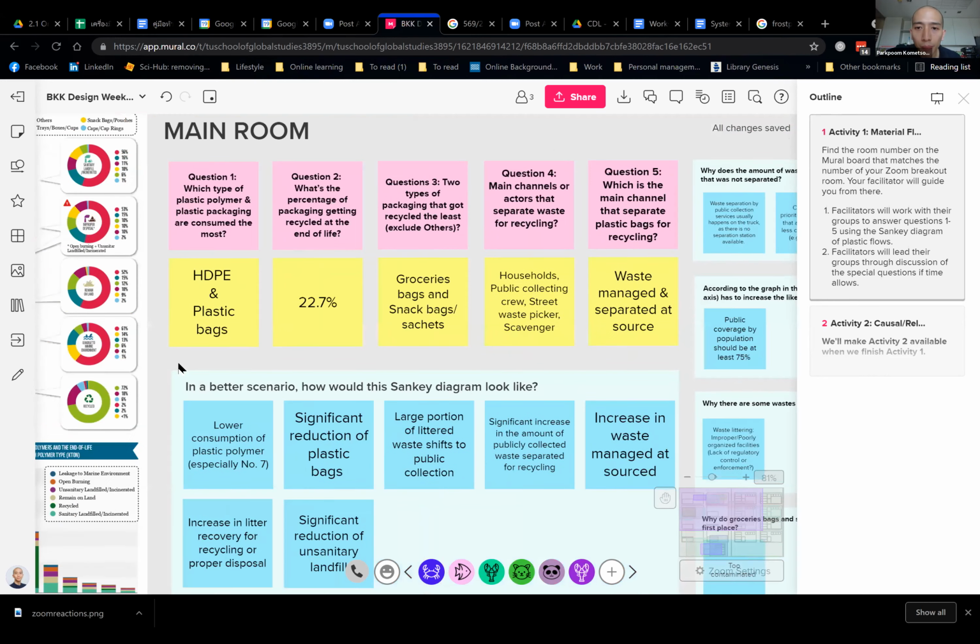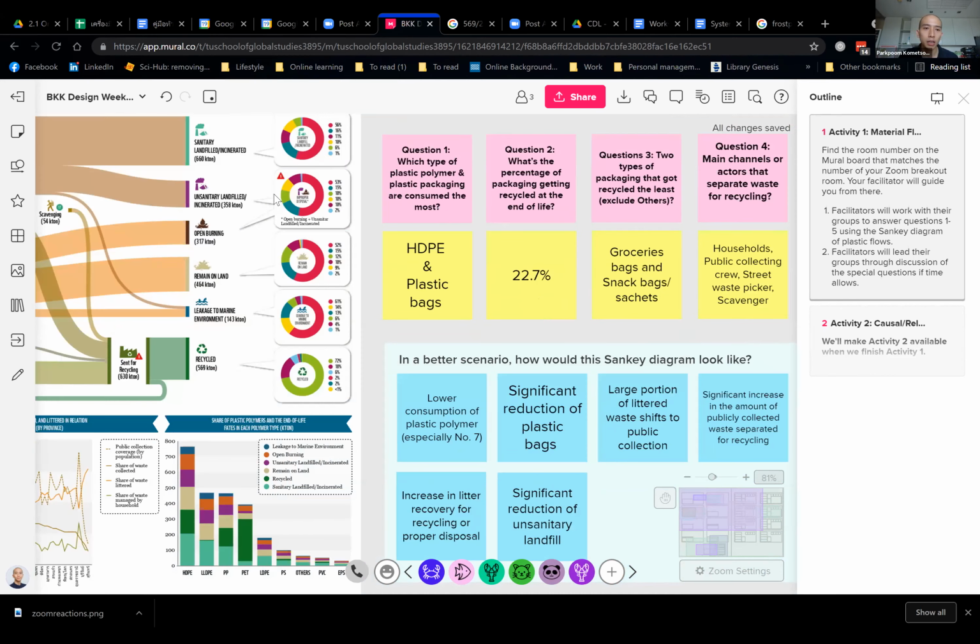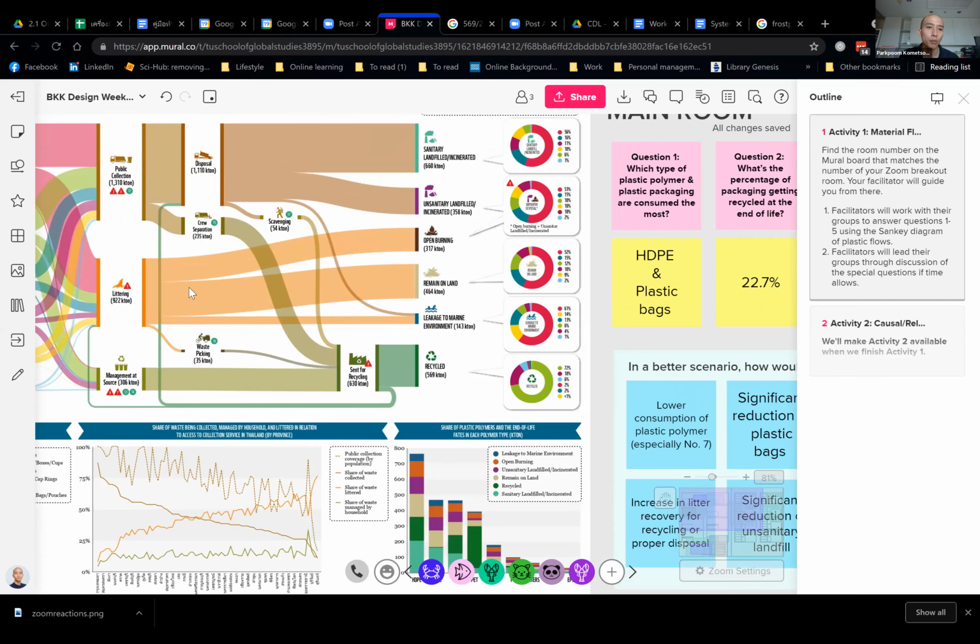Questions 4 and 5 are quite interrelated: which main channels or actors are responsible for waste separation for recycling? There are 4 of them: scavengers, crew separation, waste picking, and management, because these divert the flow. Instead of going to other end-of-life routes, they shift it and send it for recycling.